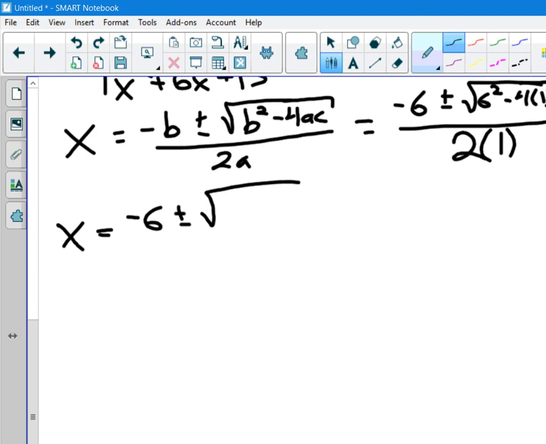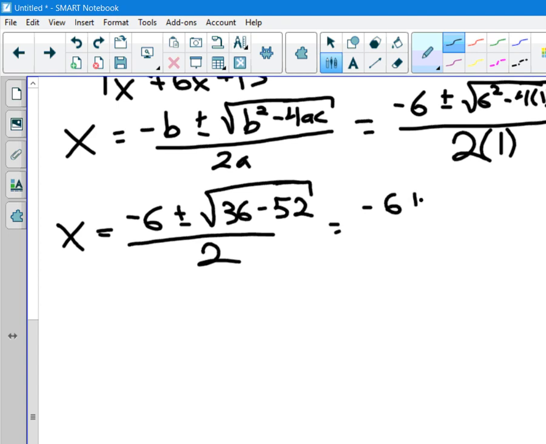So the negative 6 I'm leaving alone for the moment. 6 squared is 36 minus 4 times 13 is 52. There are 4 suits in a deck of cards with 13 cards each. So this is 36 minus 52, all over 2 times 1 is just 2.